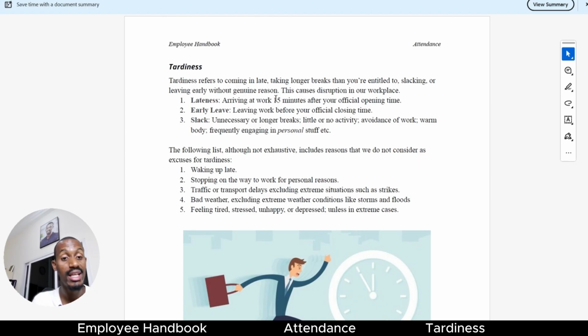So frequently engaging in personal stuff. You are at work, but you also have issues at home, like a family dispute, and you are resolving it. Or you have your own personal business, and you are running those businesses, talking to those customers. Because you are contracted by the company to work for, let's say, X hours to Y hours, those entire hours will be spent helping the company.